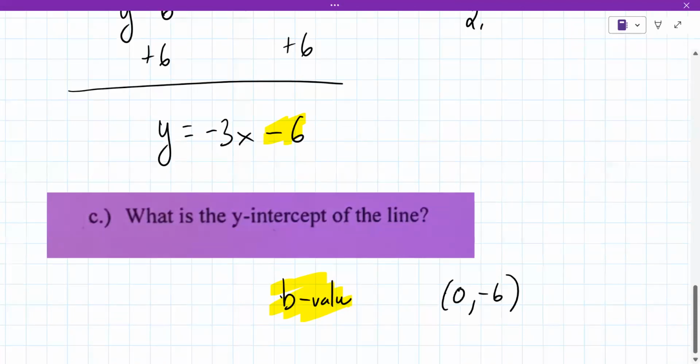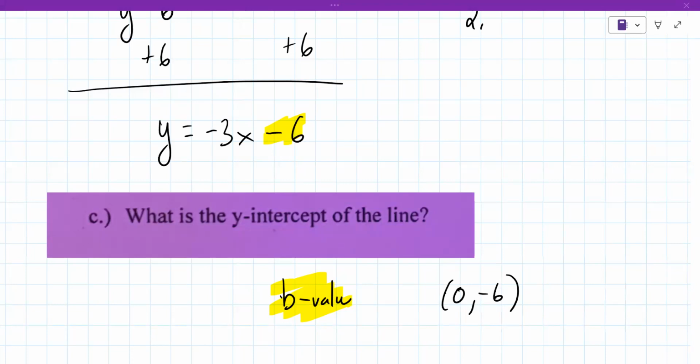It's the number without the variable. Okay. Is that okay? Yeah, that's good.